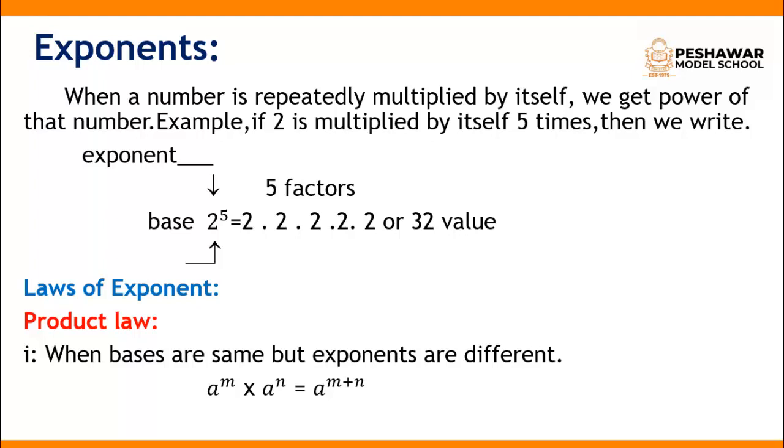Now here we come to the topic laws of exponent. The first law of exponent is product law. Product means multiply. There are two situations in product law. When bases are same but the exponents are different, we have to add up their powers. In this situation, a power m multiplied by a power n is equal to a power m plus n.